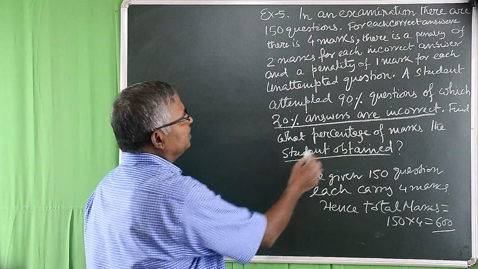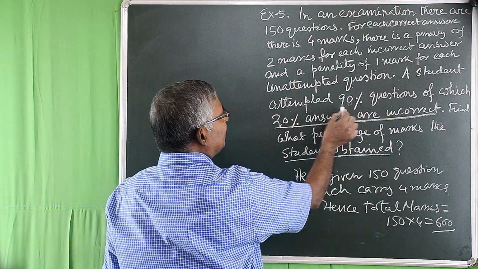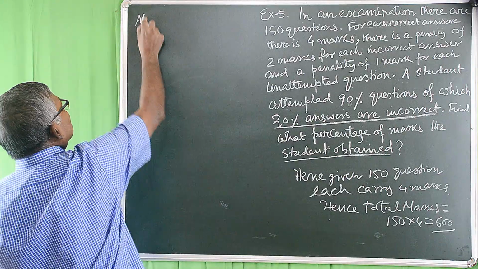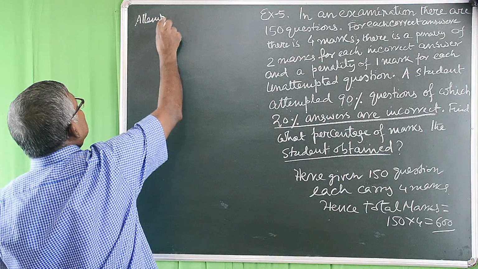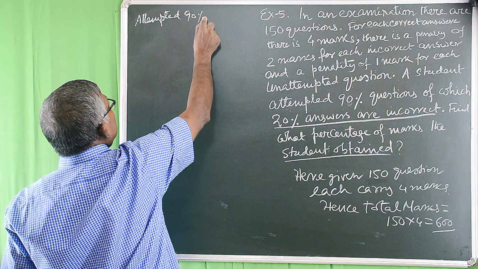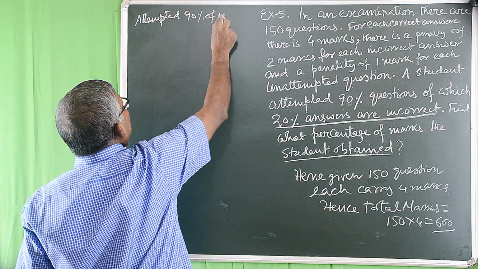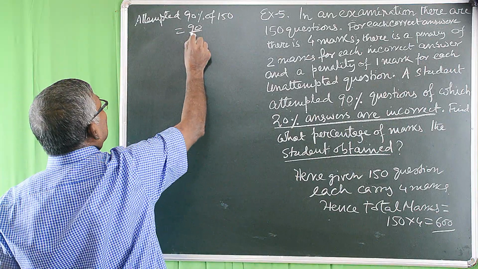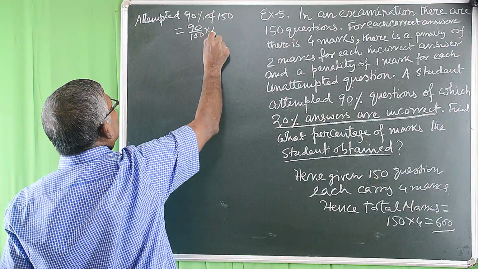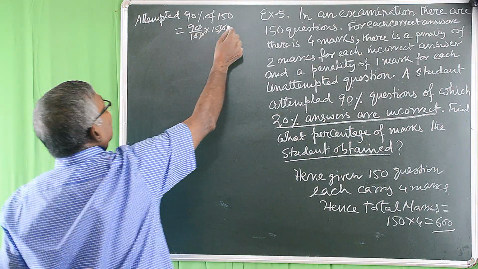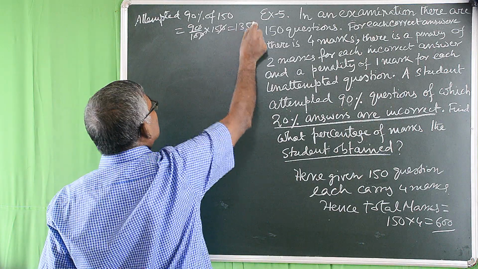Given that a student attempted 90% questions, so attempted 90% of 150 questions, that is 90 by 100 into 150 equals 135 questions.